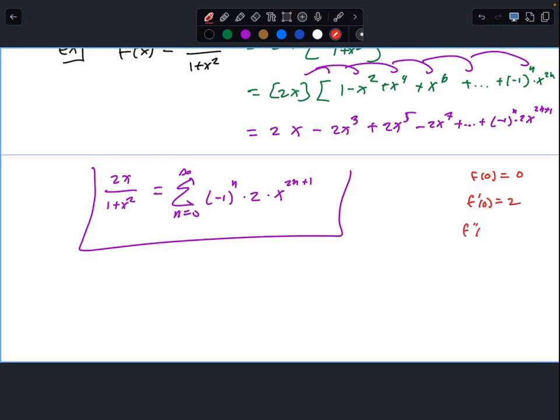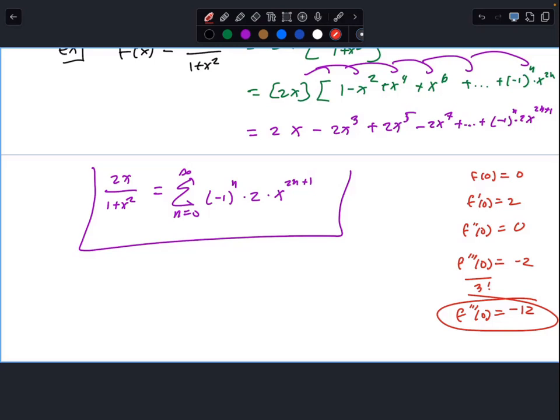F double prime of 0 would give me 0. The third derivative at 0 would give me, well, we know that this over 3 factorial is equal to negative 2, so the third derivative at 0 would have given me negative 12. But you'd have to figure out all the derivatives to get to that spot. We don't have to do that.